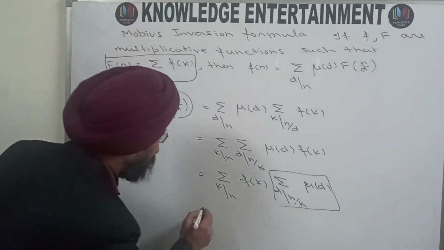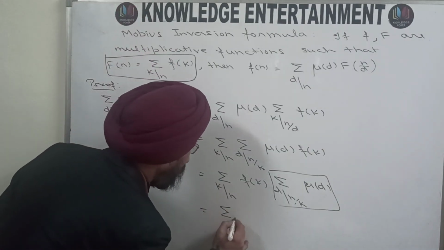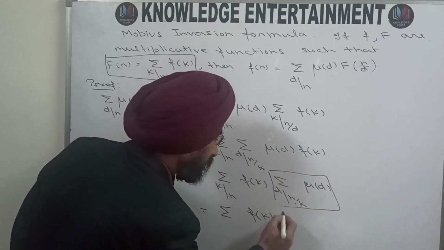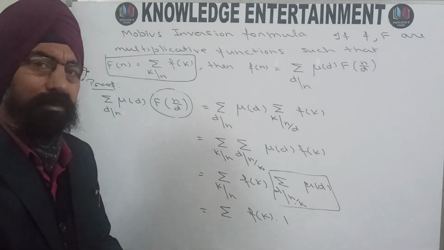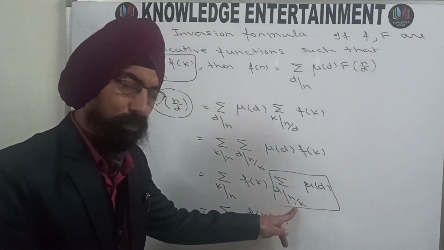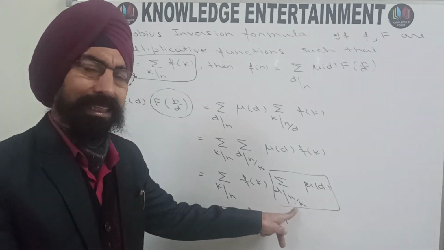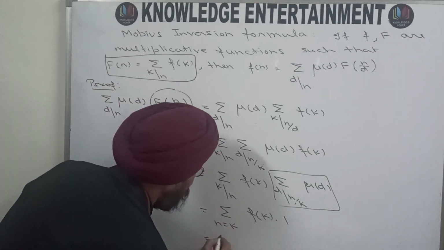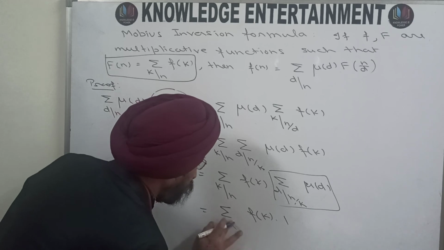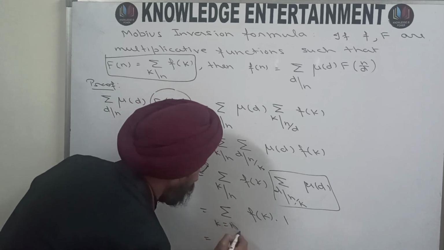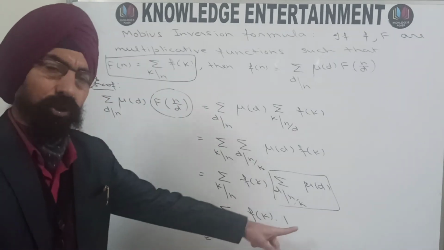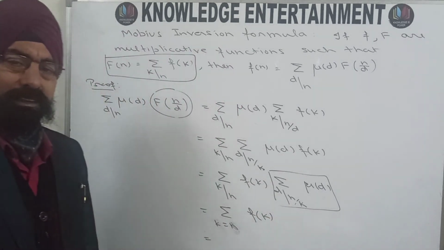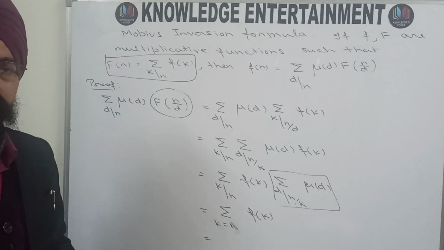So in the next term you can write sigma f of k into this whole summation, which will become 1 if and only if n upon k is 1, and n upon k is 1 means n is equal to k, or you can say k is equal to n. So f of k into 1 is f of k. So you can write it sigma f of k, k is equal to n.